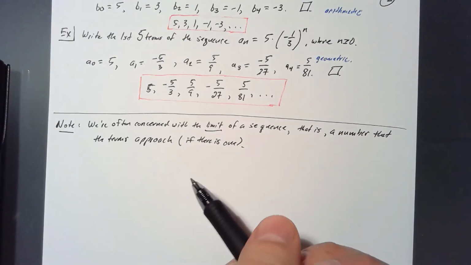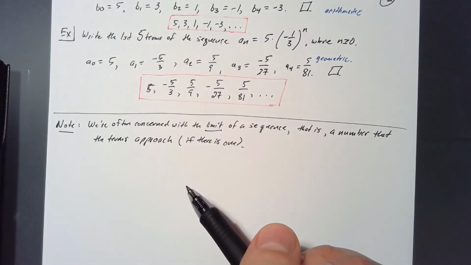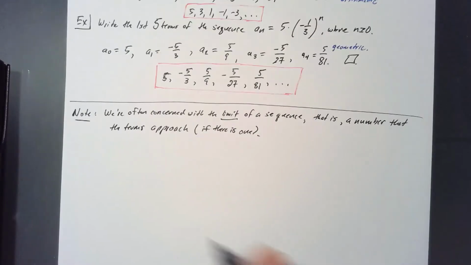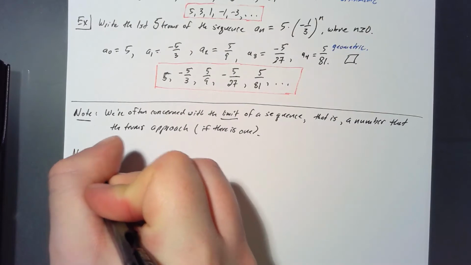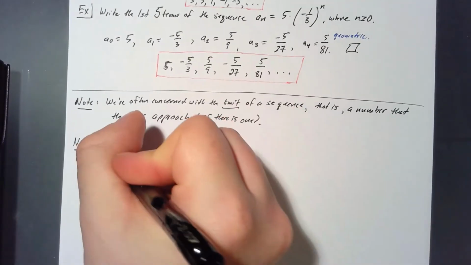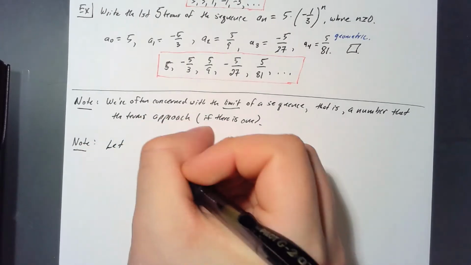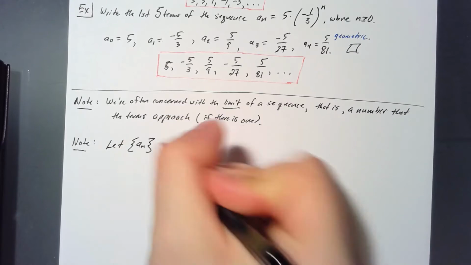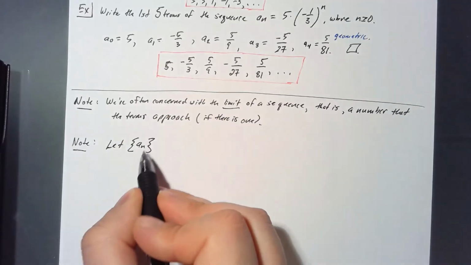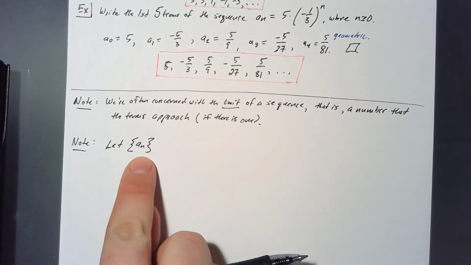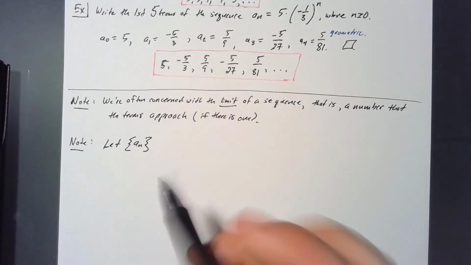And so, if I make another note here, I'm going to let a sub n, and I'm going to put brackets around it, and usually we let this notation define a sequence. So we're letting this be a sequence.